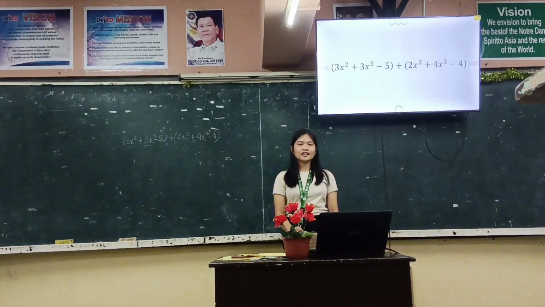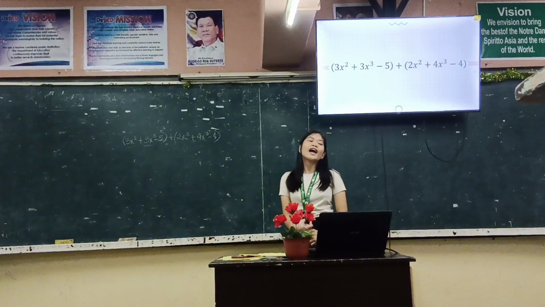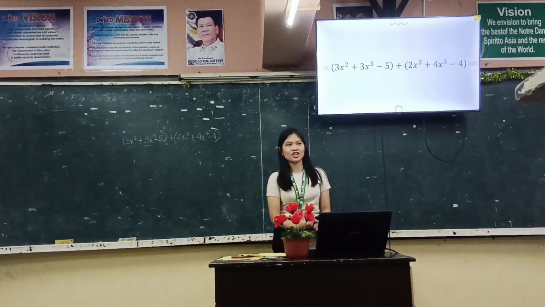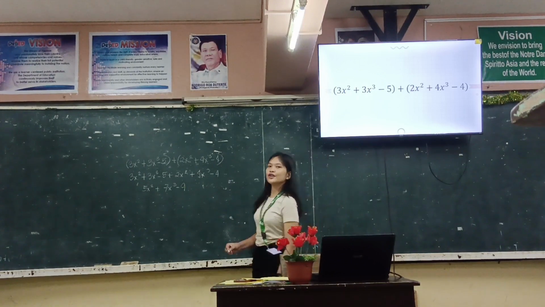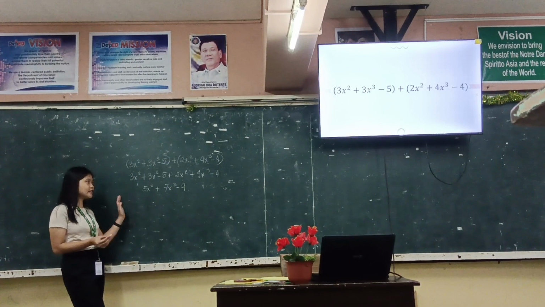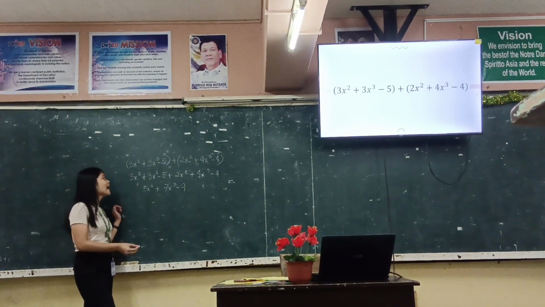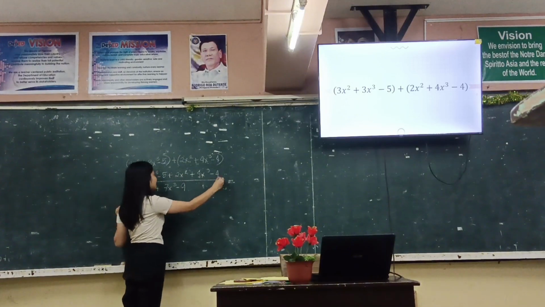I want Arvin to share his answer to the class and his strategies on how he solved this equation. Very good. Arvin shared his strategy. First, he rewrote the equation by removing the parentheses.